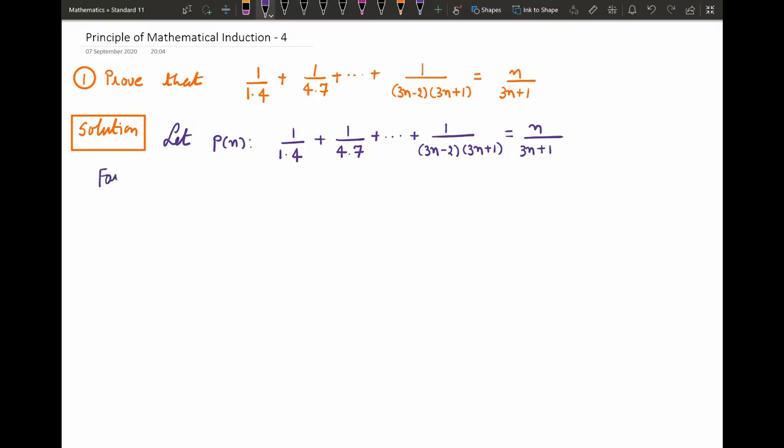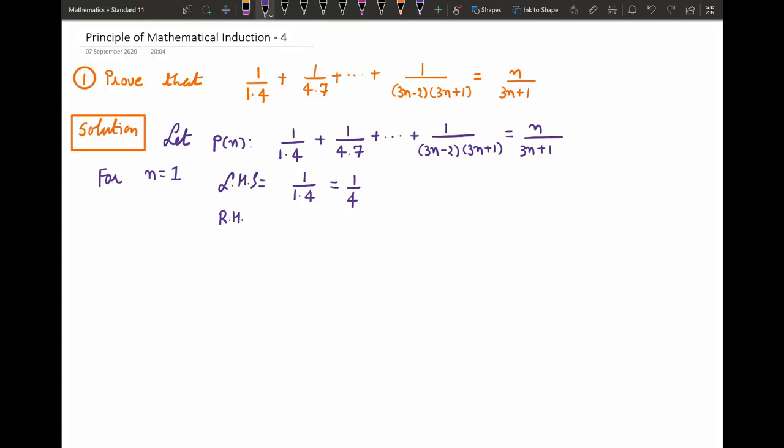So for n equal to 1, left hand side: first term is 1 upon 1 into 4, that is 1 by 4.